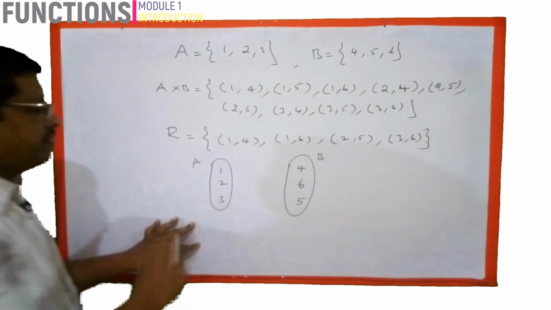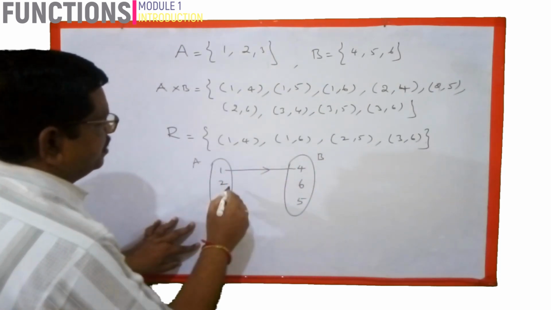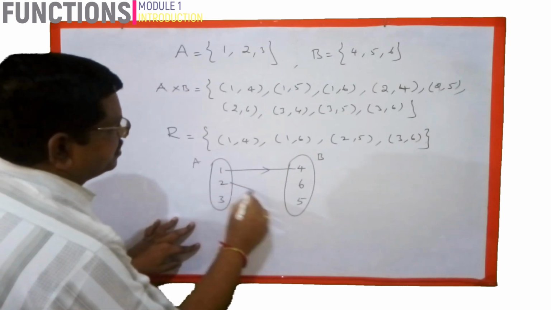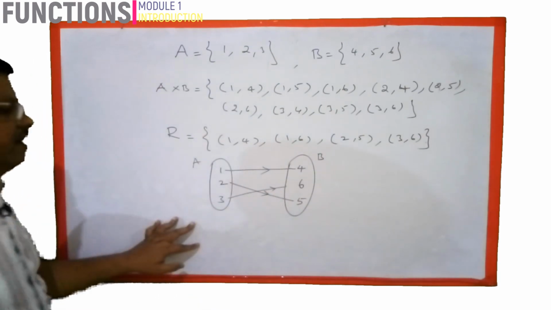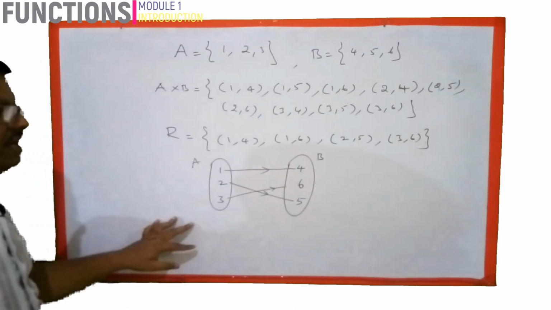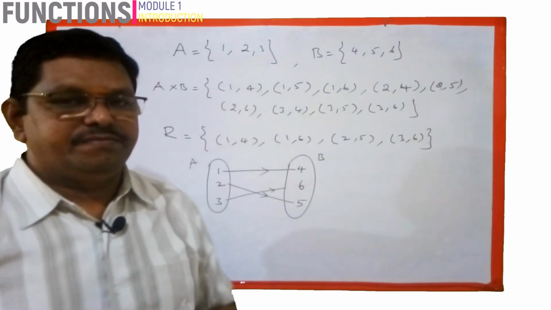Now from our relation R we can see that 1 has a relation with 4, 2 has a relation with 5 and 3 has a relation with 6. This is the relation written in tree diagram form.